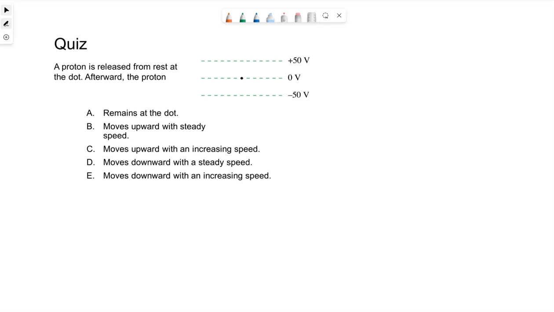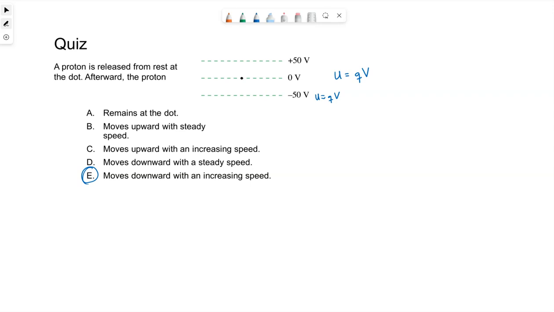The correct answer is E. So even though this is labeled as 0 volts, and technically we can say the energy of the charge would be q times 0, there is a location to go to down here that will have a negative potential energy, which is smaller than 0. So objects, if allowed to move naturally, will always move to a location where their potential energy is smallest.